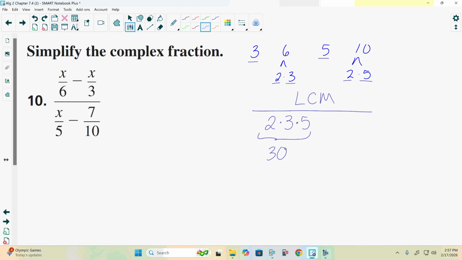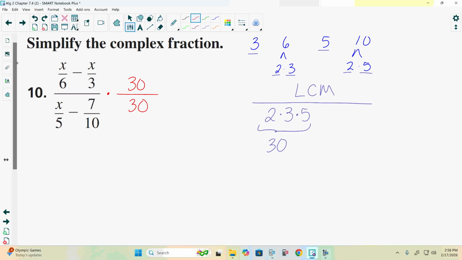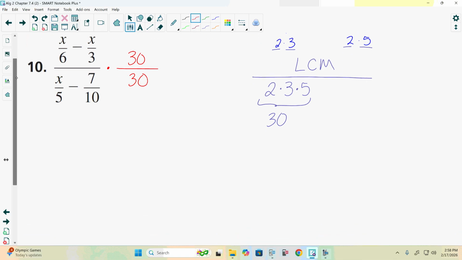I like multiples of 10. 2 times 5 is 10, 10 times 3 is 30. So that tells us I need to multiply the numerator and denominator of this fraction by 30.